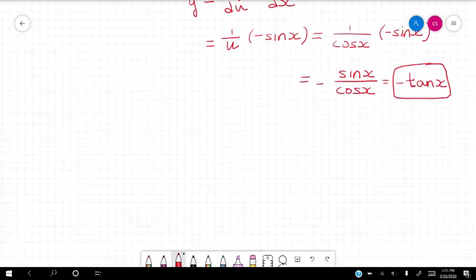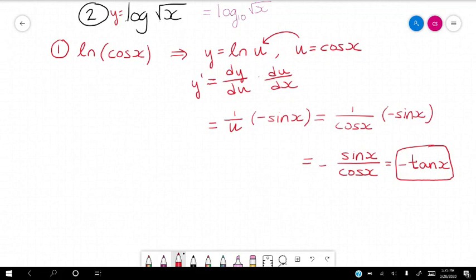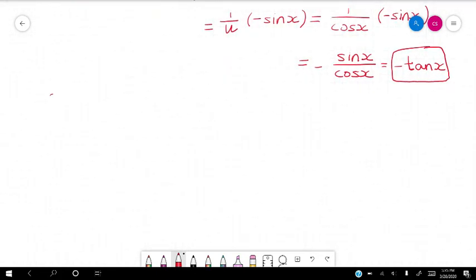Okay, let's see how you guys did on number 2. We're taking the logarithm of the square root of x. Okay, so log square root of x. Remember, it's nice to rewrite square roots as exponents.